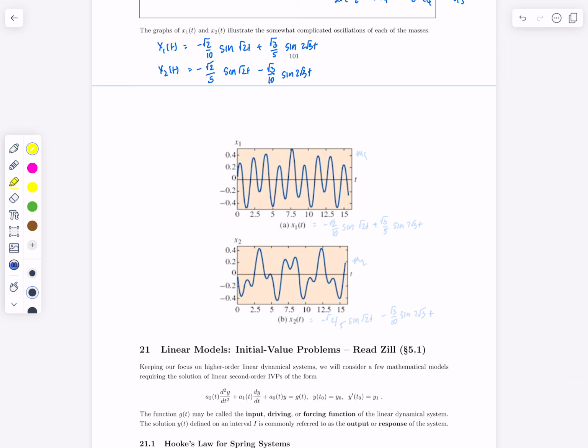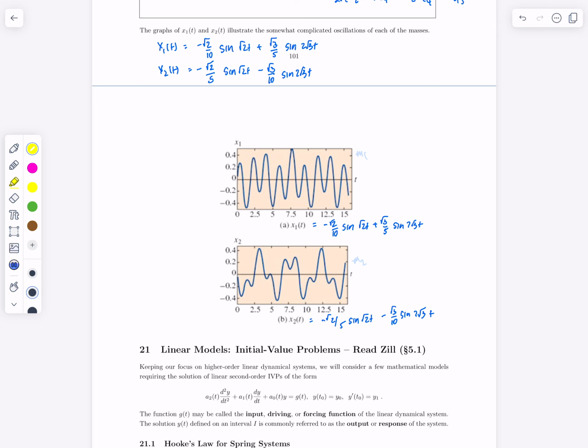So for example, we just determined that x1 of t is negative 2, square root of 2, over 10 sine of square root of 2t plus the square root of 3 over 5 times sine of 2 on the square root of 3t. And we determine x2 is negative square root of 2 over 5 sine of square root of 2t minus square root of 3 over 10 sine 2 on the square root of 3t.